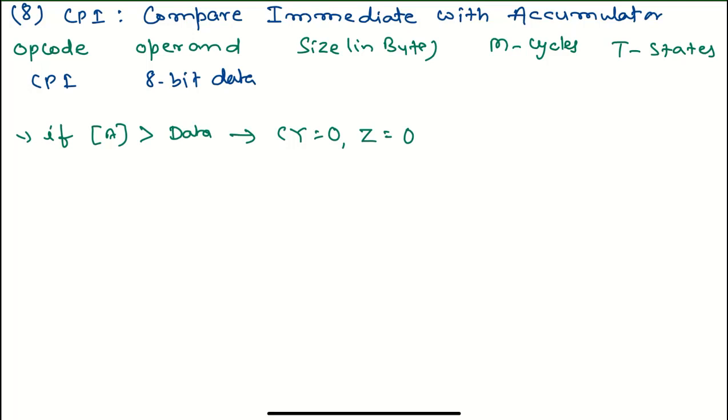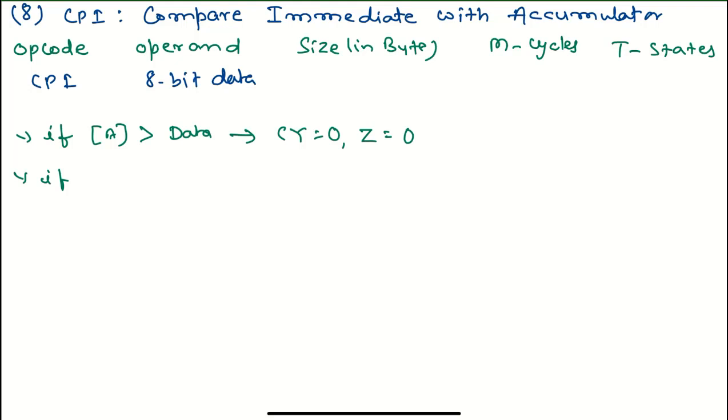Now as a second case, what will happen? If there are two numbers, then there are only three possibilities: the first number will be greater than the second number, or both numbers will be the same. In the third case, the first number might be lesser than the second number.